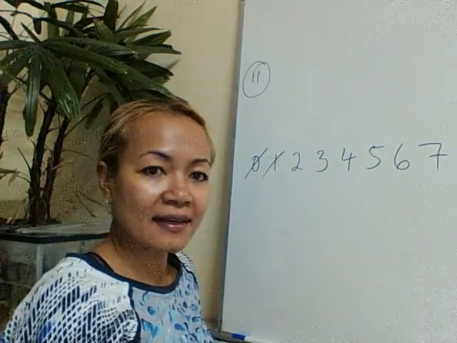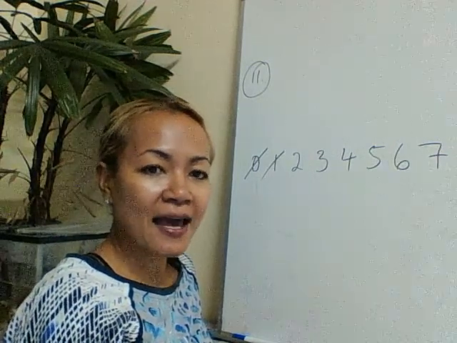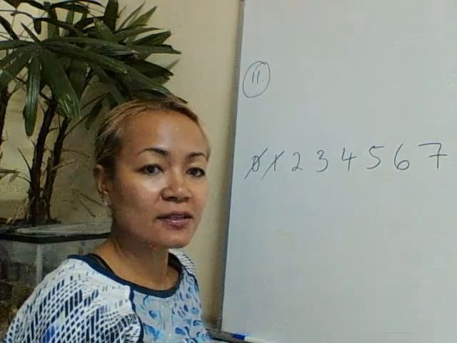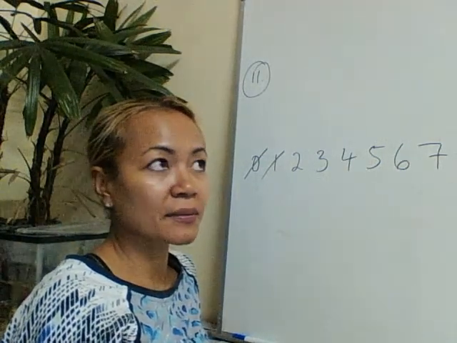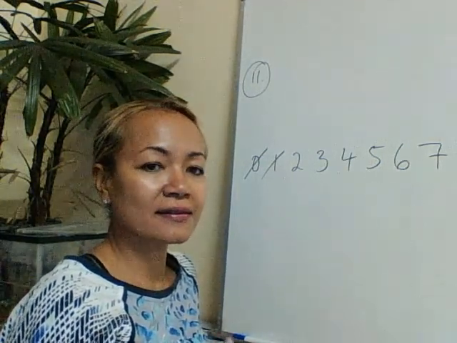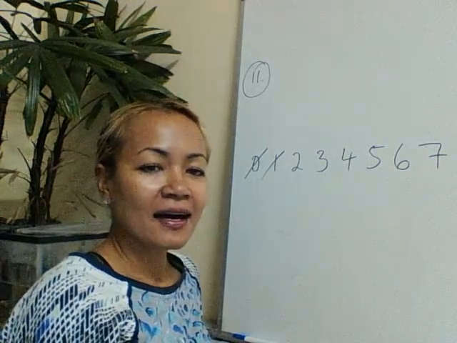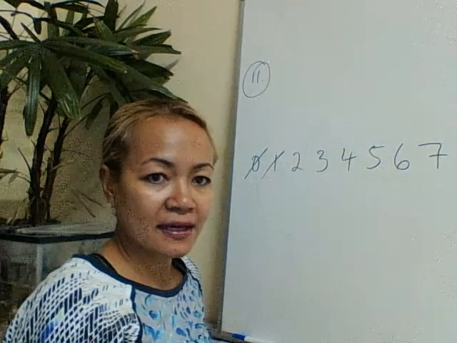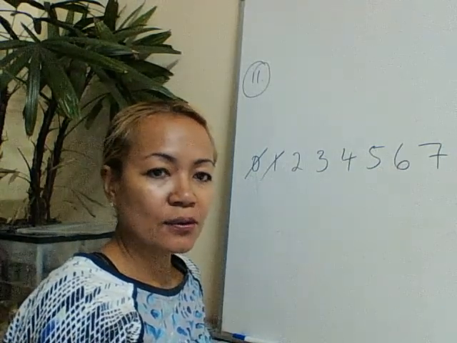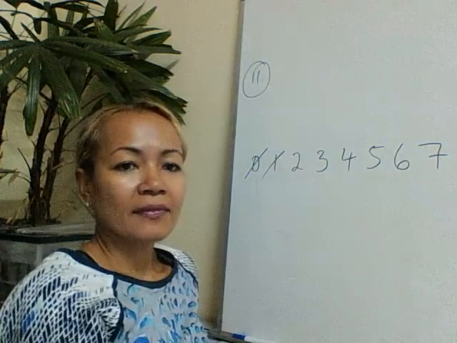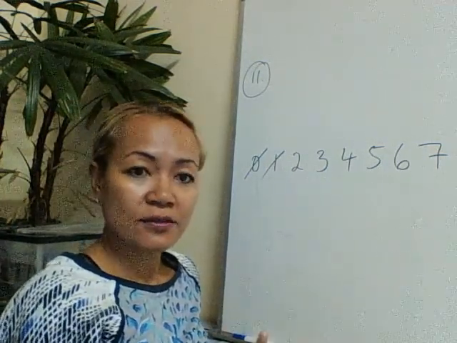Then the second thing is it must be able to only have factors of itself and 1. The only factors it can have are 1 and itself. So, take 2 for example. 2 times 1. Those are the two factors.